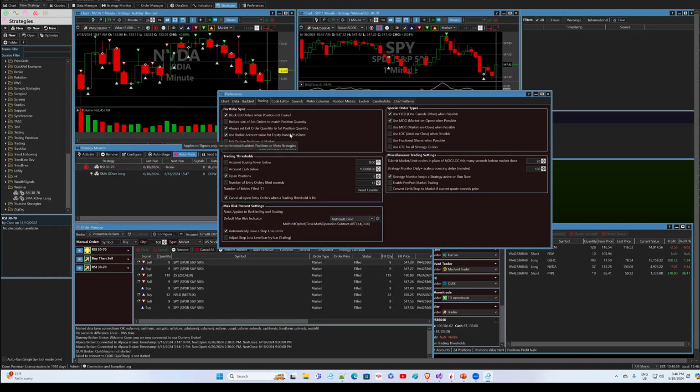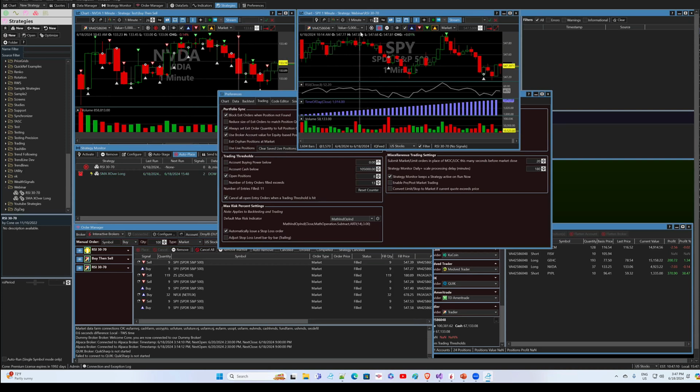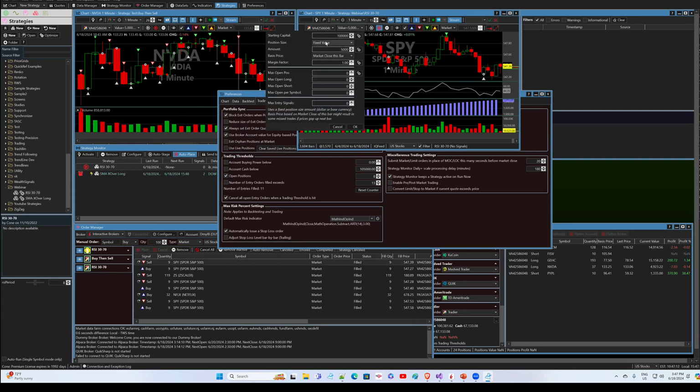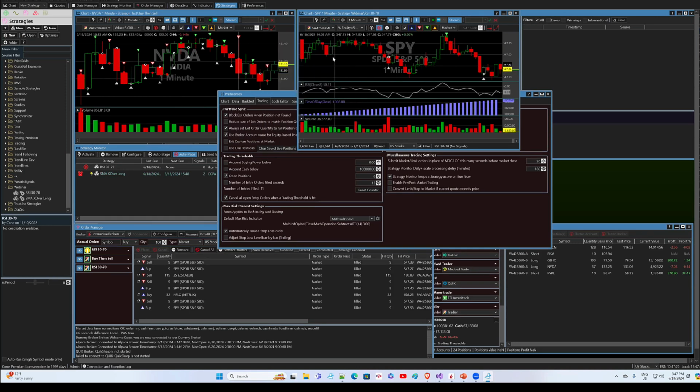But if you want to trade a percentage of your actual broker equity, you would turn this on. And so whenever new signals occur in your trading window with a percentage, for example, let's make that a 5% equity size, it would take 5% of what your actual broker equity is in this account, okay?